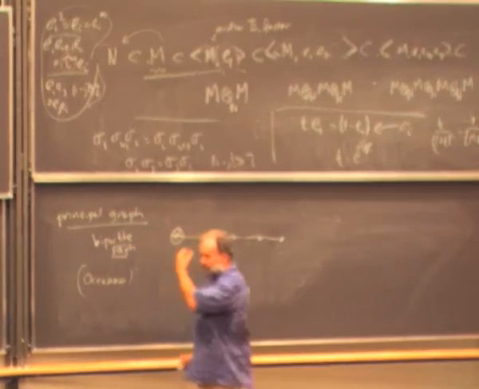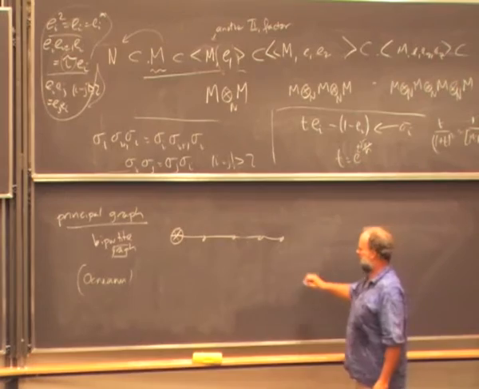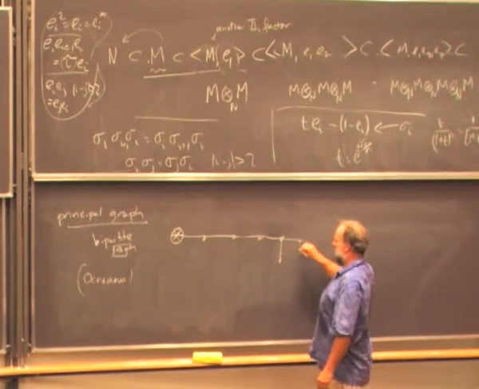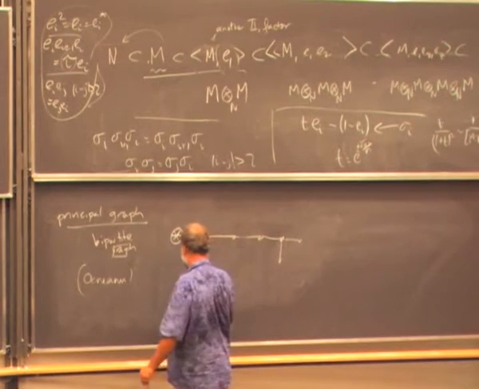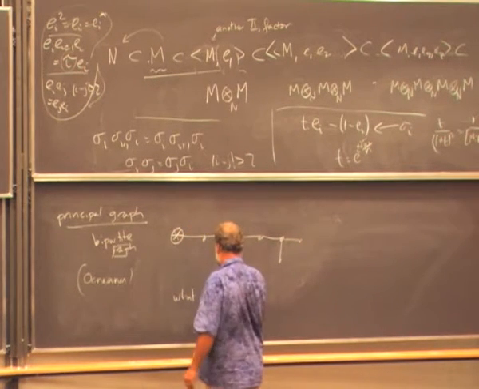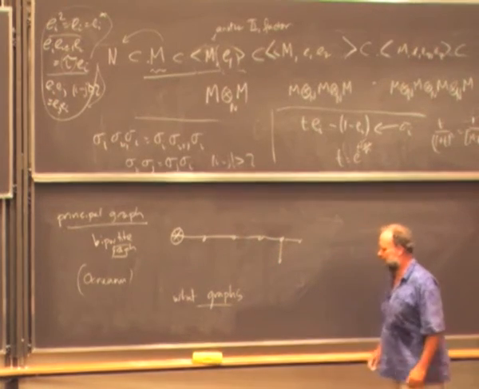But it's a canonical combinatorial object that comes immediately out of the subfactor, and the question is what can it be? What graphs? So this is a finer question than what are the index values, and it's entirely unknown.